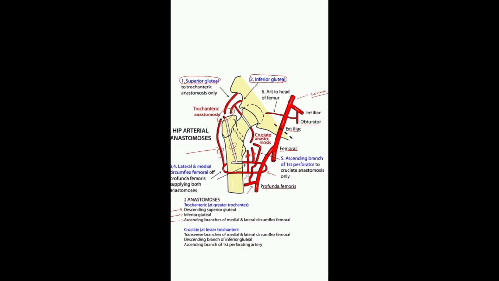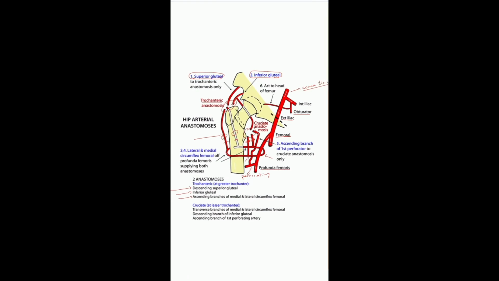Now let's take a look at the cruciate anastomosis, which is right here. It involves, first from the top, a descending branch from the inferior gluteal artery. So the inferior gluteal is a part of both the trochanteric and cruciate anastomosis, but the superior gluteal is only a part of the trochanteric anastomosis.